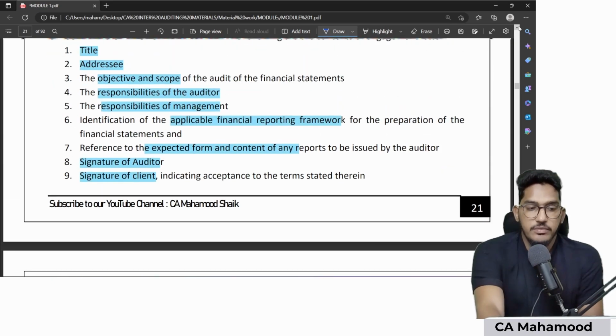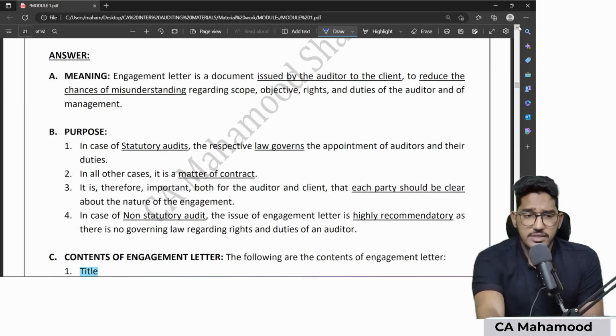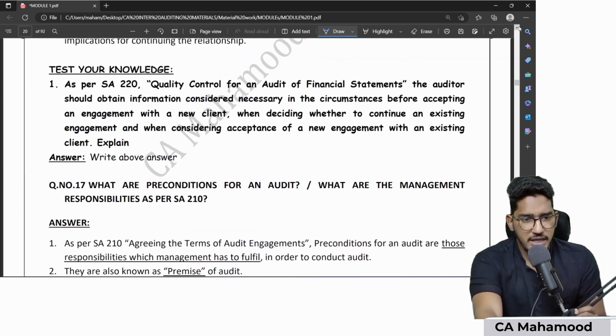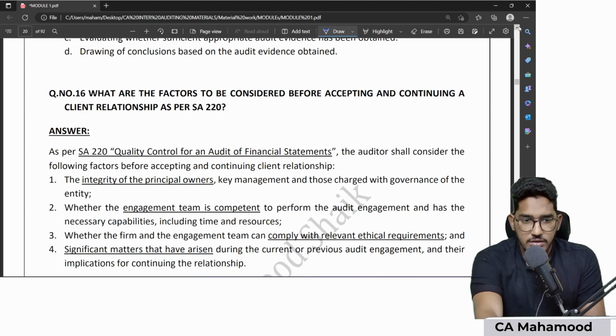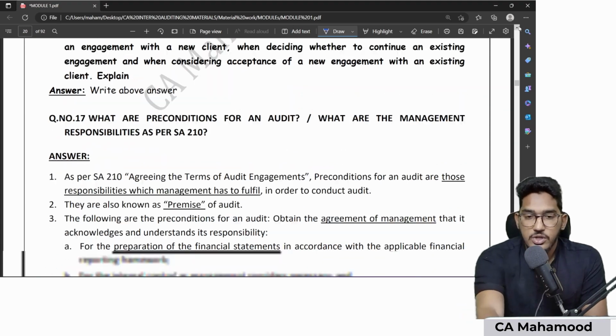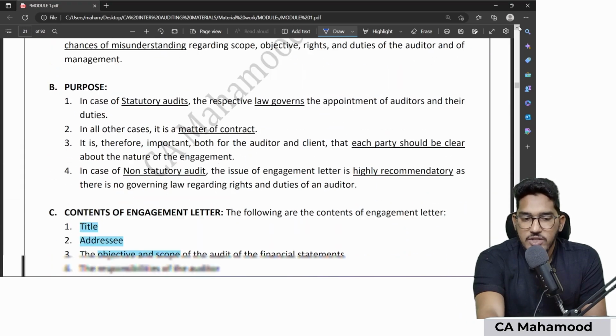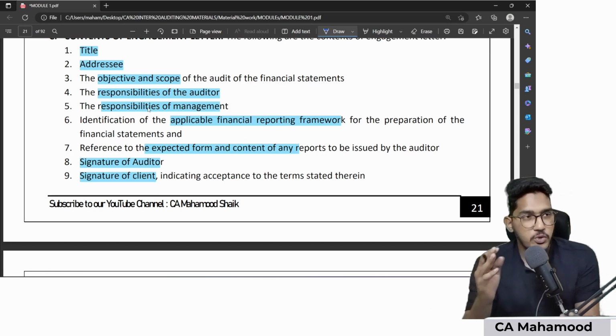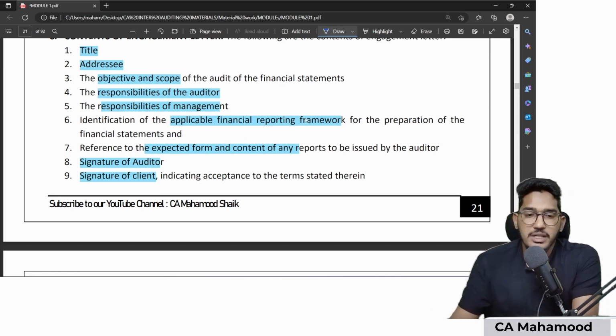Is that clear everybody? Now, next, let us have one more small concept in between: preconditions to management. As I have told, in the engagement letter there will be a paragraph called responsibilities of management. Responsibilities of management are given another name also.